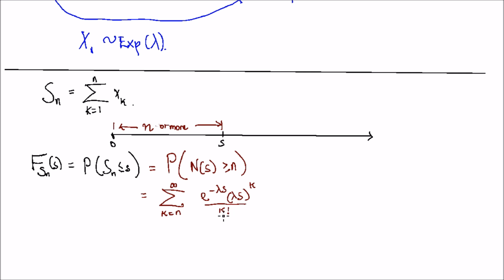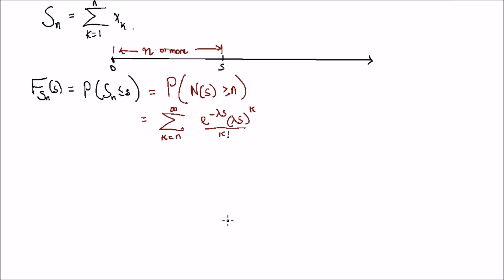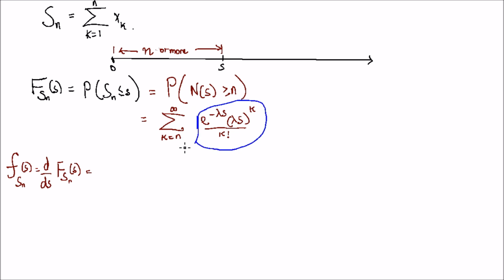Now let's find the probability density function of time to the nth arrival. And that is equal to the derivative with respect to s of the CDF of time to the nth arrival. Okay, when we take the derivative, we need to actually take the derivative of that expression inside the summation.